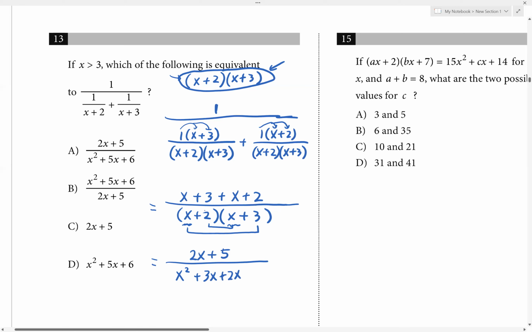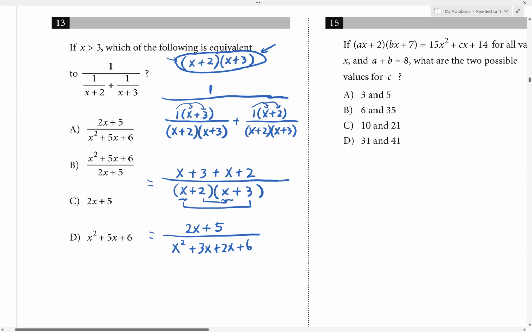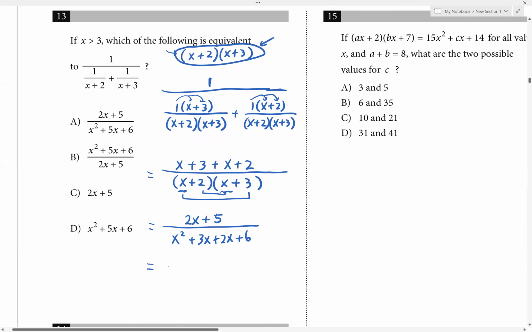And the last term times the last term, 2 times 3, is 6. Combining like terms, we get 2x plus 5 over x squared plus 5x plus 6. So that's what we have after we added the two fractions on the bottom.